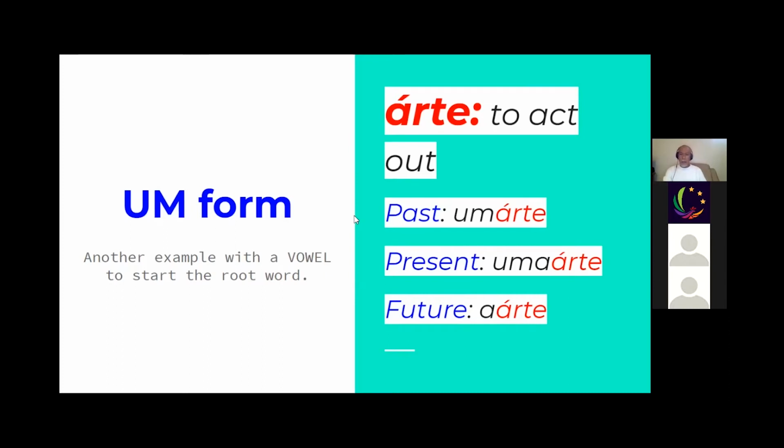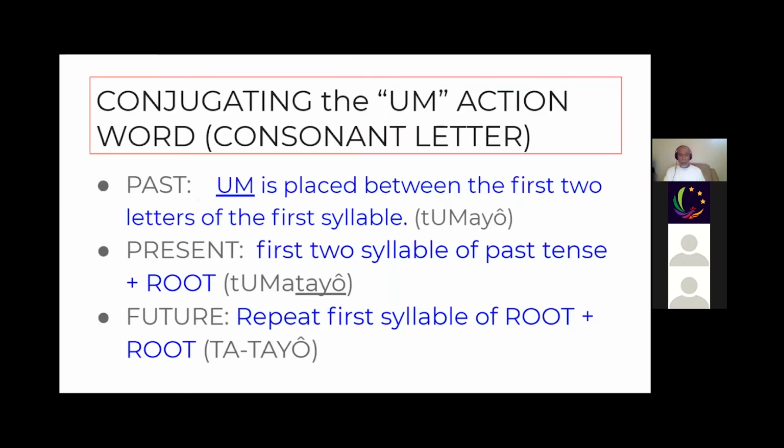Okay. All right. So I guess we now have a sense of the rules for the past, present, and future. Do you agree? It's a lot different from the na-nag verbs. Very different, right? Totally different, right? So here we go. So here are the rules for conjugating the action word with a consonant letter. In the past, you place the "um" between the first two letters of the first syllable.